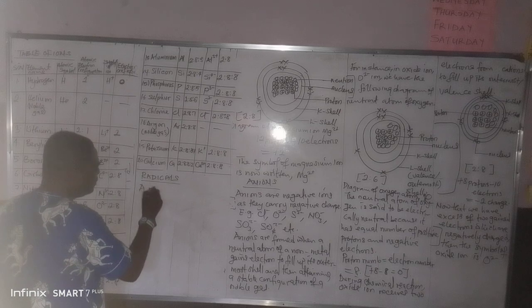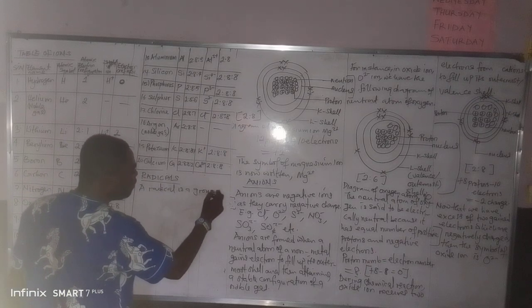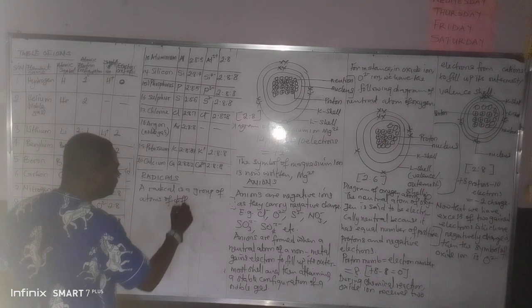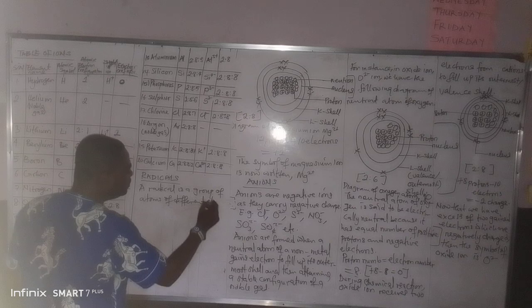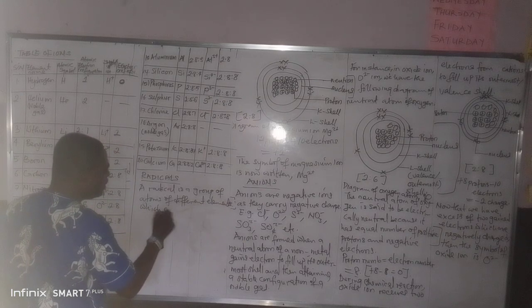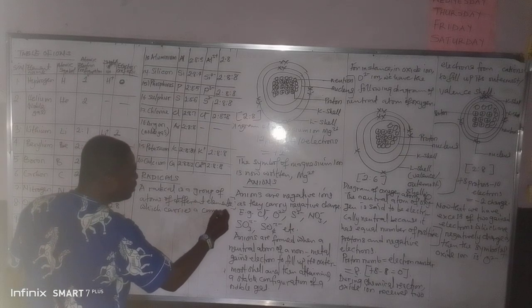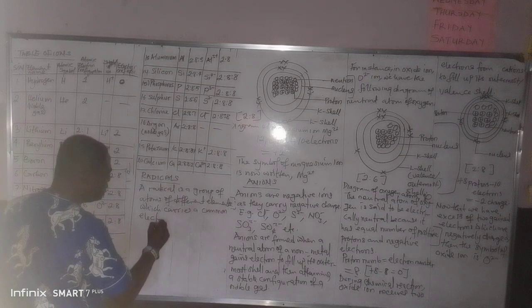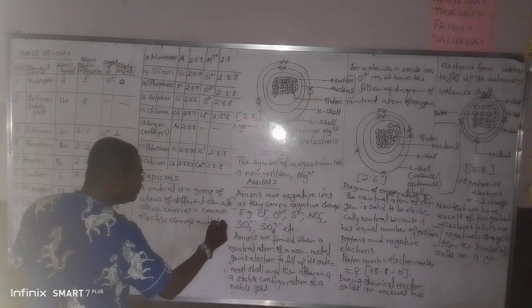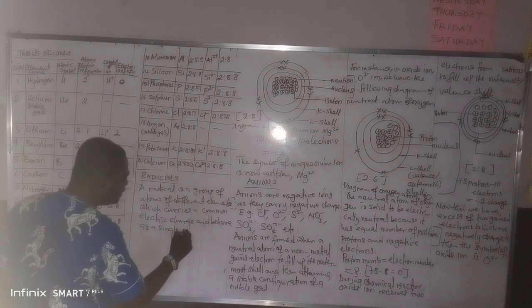So a radical is a group of atoms of different elements which carries a common electric charge, and behave as a single entity.